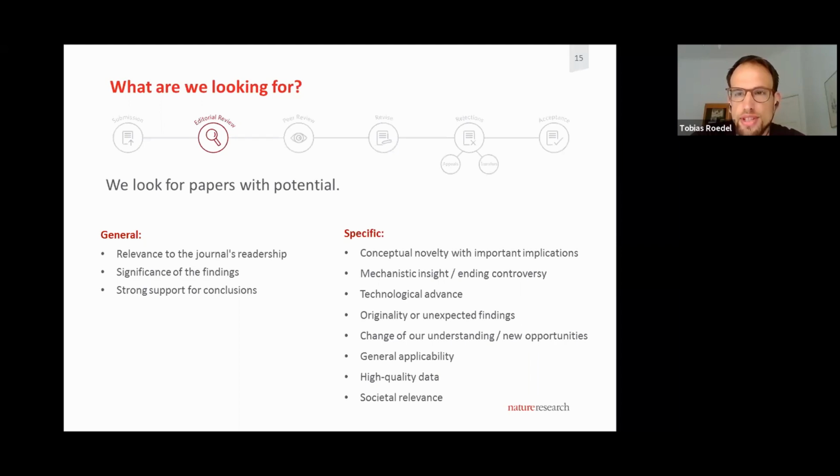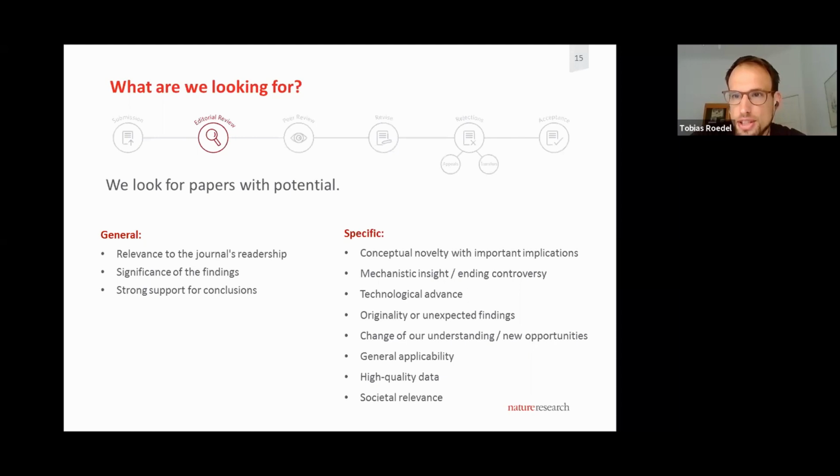So just to give you some examples of the criteria we are looking for when we make our assessment, it's the aspect of novelty. Again, this is very difficult to pin down, but we like manuscripts which show conceptual novelty, so something which is qualitatively new, not only an increase in numbers, but really a new idea or a new concept.